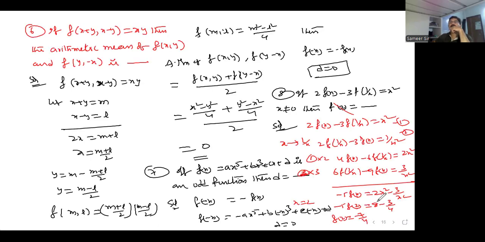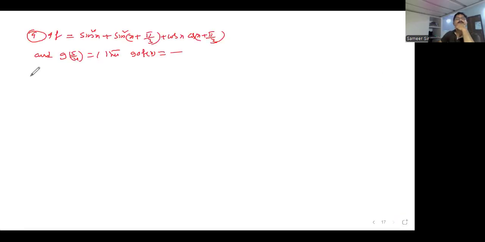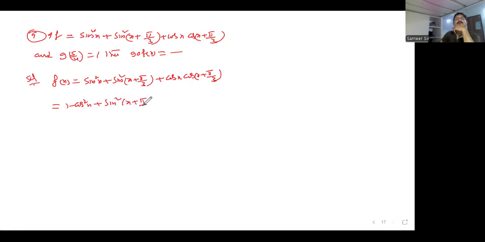We'll go for the next one now. Which one? We did the 8th one, so we'll go for 9. Okay, f of x here is given as sin square of x plus pi by 3 and cos of x plus pi by 3 is there. Now what I'm doing here, 1 minus cos square x, I'm writing sin square of x plus pi by 3 and multiplying and dividing by 2 here.